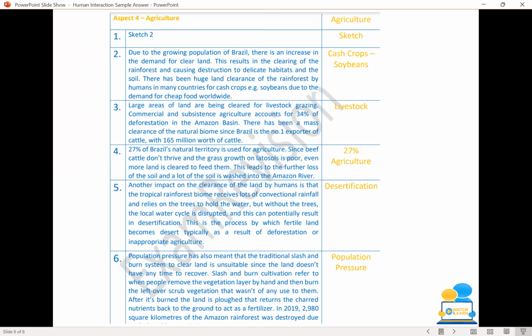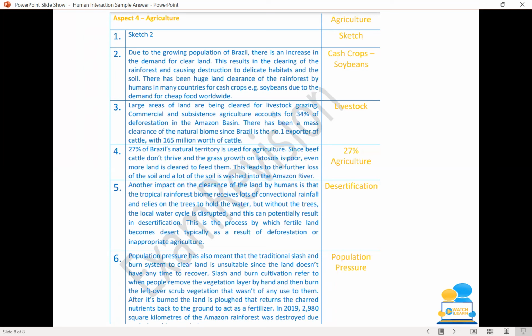We then get into the points we want to make in terms of agriculture. First point we're going to make is cash crops like soybeans. So due to the growing population of Brazil, there is an increase in the demand for clearing land. This results in the clearing of the rainforest and causing destruction to delicate habitats and also the soil.